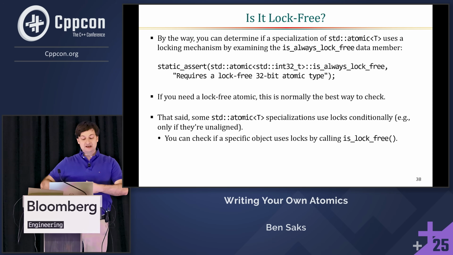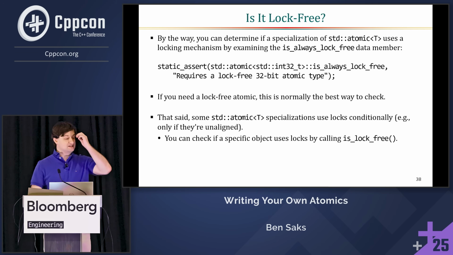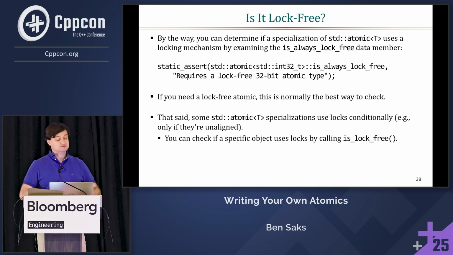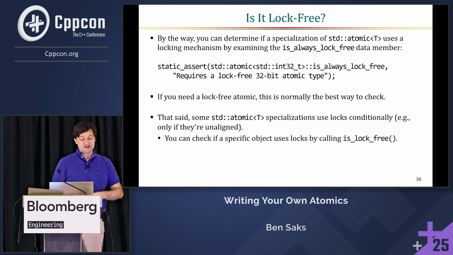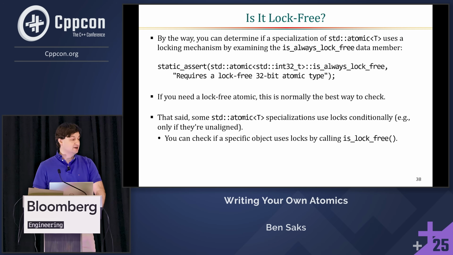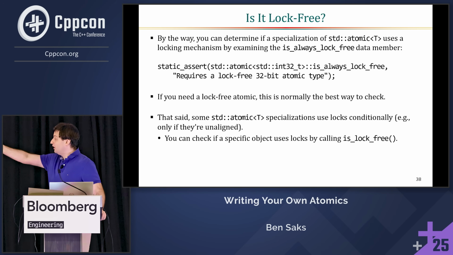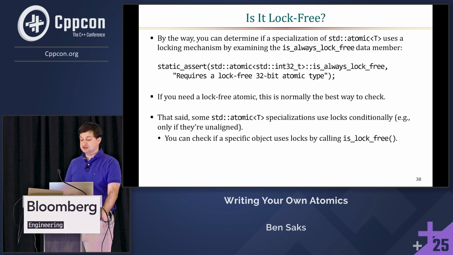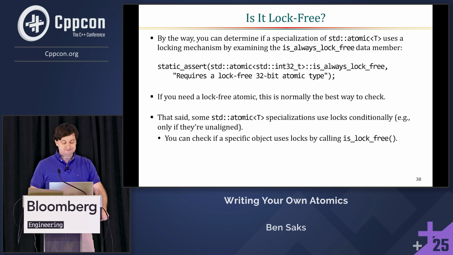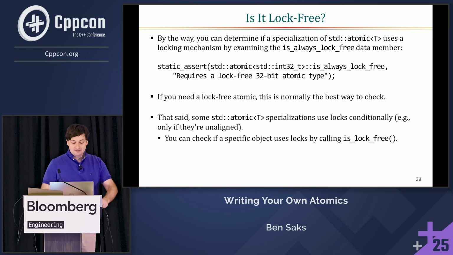In that case, is_always_lock_free for that type would be false. But you could check a specific object to see whether or not it uses locks by calling that is_lock_free function. A lot of the time people want the guarantee that that static assert gives us, and I certainly wouldn't blame you for wanting to stick with those, but you have both options available when you're using std atomic.